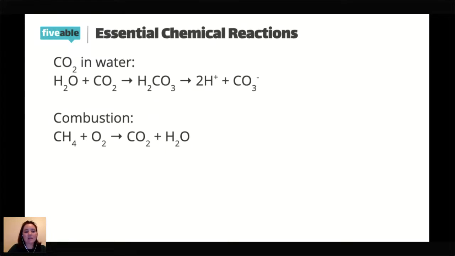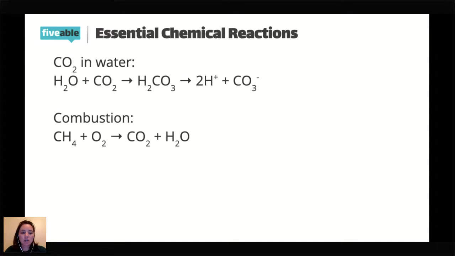And then the combustion reaction, so this is just the general combustion reaction. It very rarely, possibly never actually happens this cleanly with only methane and oxygen. Sometimes that hydrocarbon chain is a lot longer, and you have maybe ethane or something else.